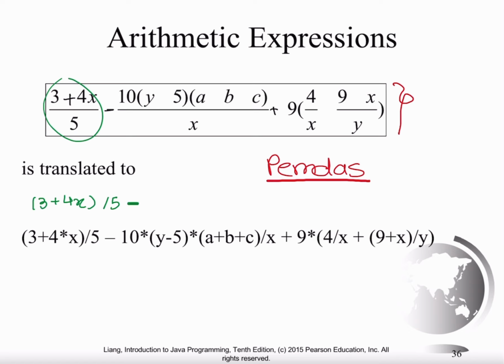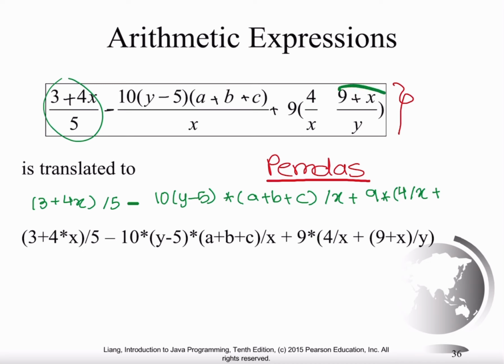Then subtract 10 multiplied by y minus 5, and then multiply it by a plus b plus c, divided by x, then add 9, finally multiply 9 by 4 divided by x, and then add it to 9 plus x.